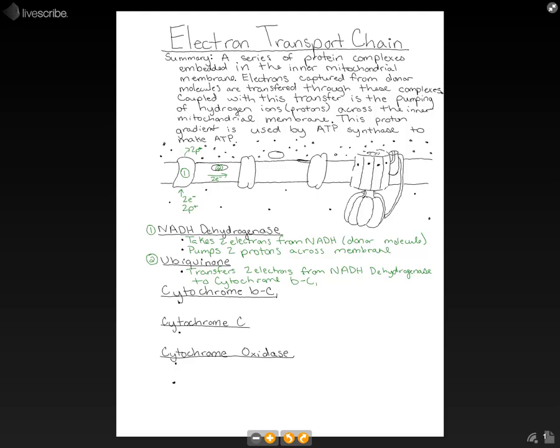Next we have cytochrome BC1. Cytochrome BC1 is going to pump a proton across the membrane for each electron given to cytochrome C. And cytochrome BC1 we have represented here.